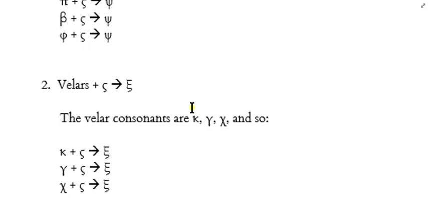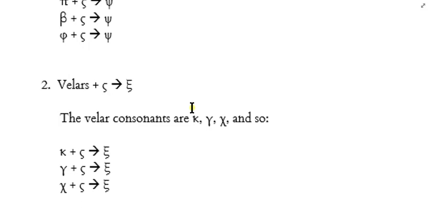K, G, and Ch. If you pronounce those, you'll notice that all of them are pronounced in the same area. Say that. K, G, and Ch. Okay? Your mouth shouldn't be moving a whole lot to produce those three sounds. Tongue should stay in pretty much the same position. K, G, Ch. Okay, it's just a matter of the way that sound comes out.